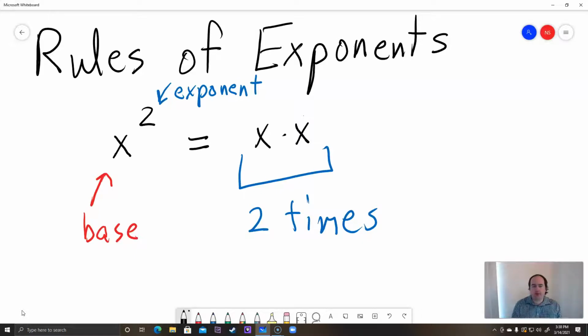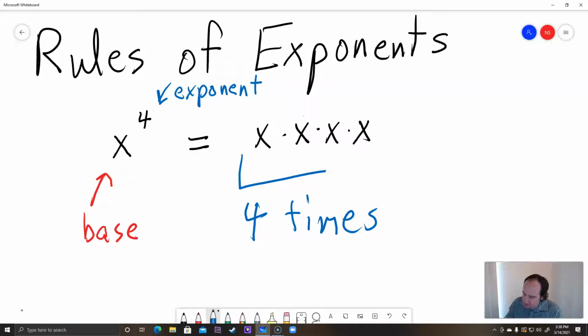Okay? Now if I increase my exponent, so for example, if I make my exponent be 4, then whatever that exponent is, that's how many times I multiply x times itself. So now instead of being 2 times, we need to multiply x by itself 4 times. Okay, so we're going to actually have x times x times x times x.